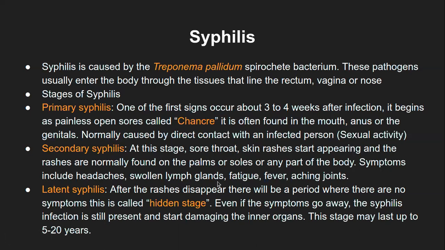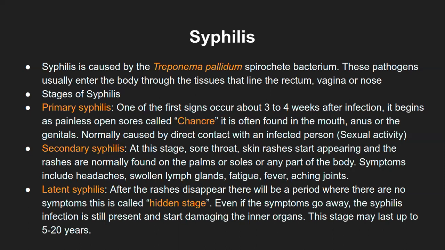Swollen lymph glands. We have so many lymph nodes in our body. The common ones that you know are the tonsils, the lymph glands under the armpit, or the parotid gland, which is right below the ear. These are all lymph nodes.